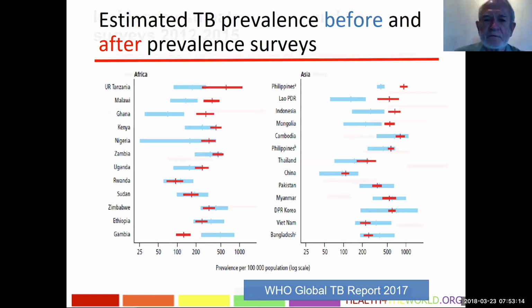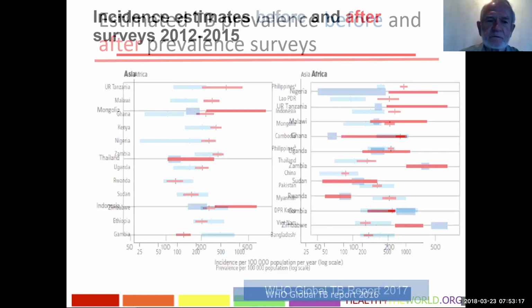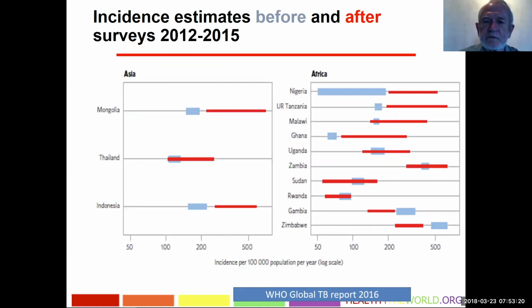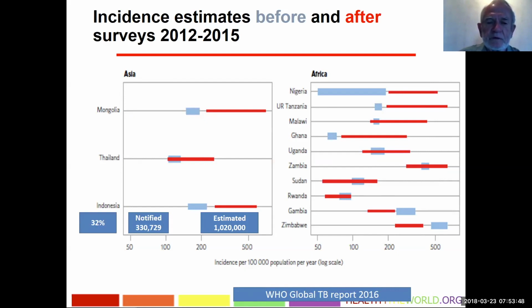This just looks at how this translates into incidence. This looks at select countries, both in Asia and Africa. And what we see here, taking Indonesia, for example, is that the number of notified cases per year, actually this 2015 data, was just over 300,000. But the estimated number of cases based on the prevalence survey occurring each year is just over 1 million. So a 32% case notification rate, or a gap of 68%.